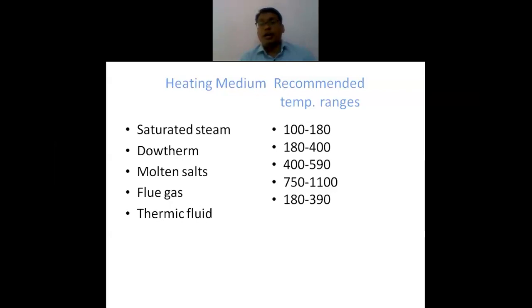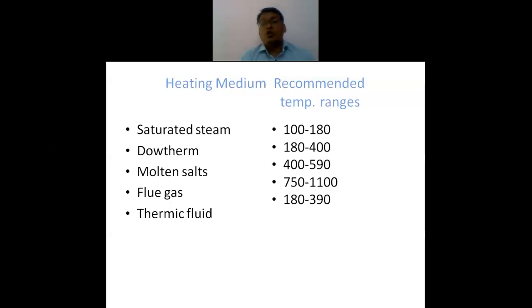Then if I want to heat with hot water, I can go up to 100 degrees Celsius. If it is more than 100 degrees Celsius, then steam will be used. And if it is more than 200 degrees Celsius, then it's a diatherm or thermic fluid, 200 to 400 degrees Celsius. For steam, I can go for higher temperature also.